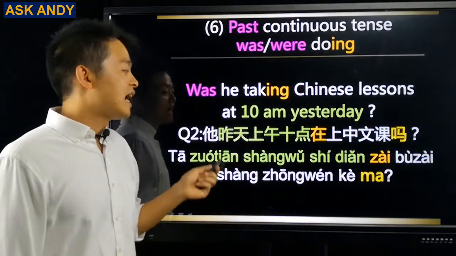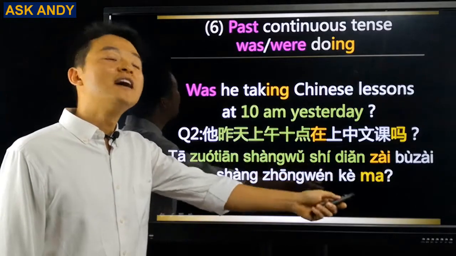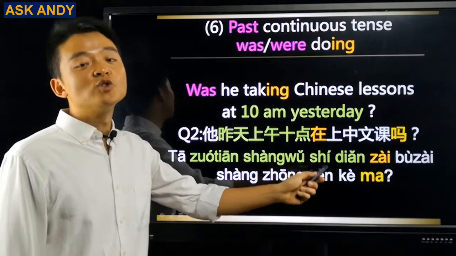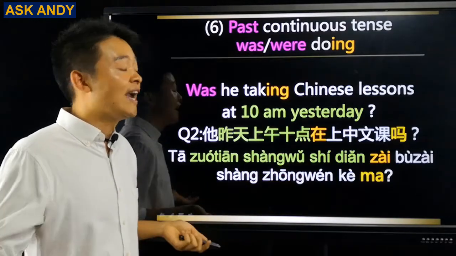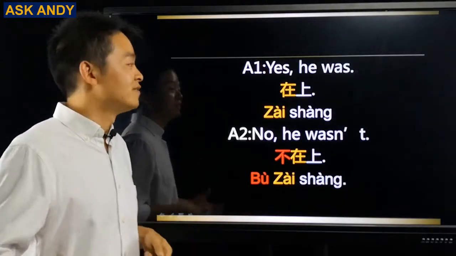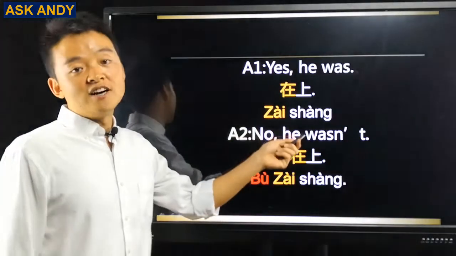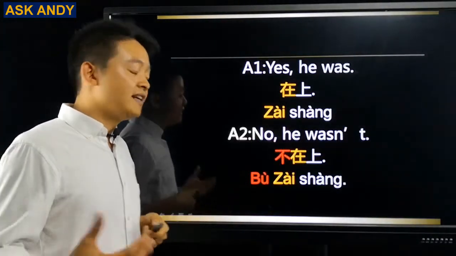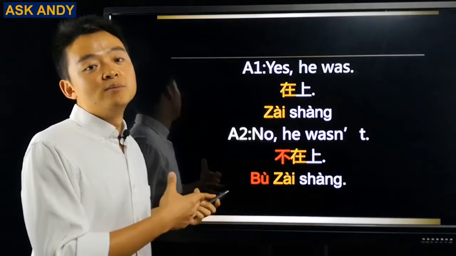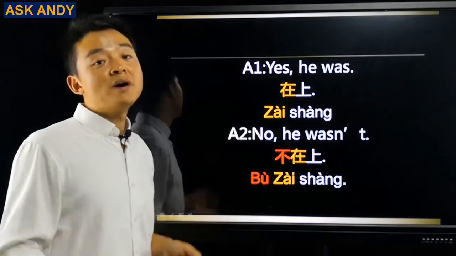Question 2 is, 他昨天上午10点在上中文课吗? How do you answer that question? The same like the one we had for present perfect tense. Answer 1, yes, he was. That is, 在上. And answer 2, no, he wasn't. In Chinese is 不在上. Again, for this one, it must be under the context in the past.